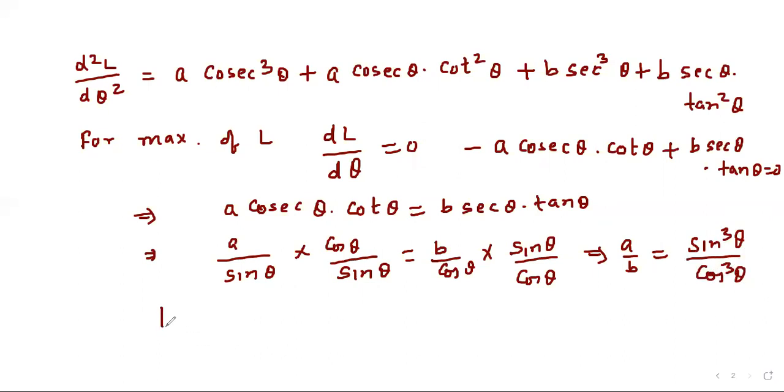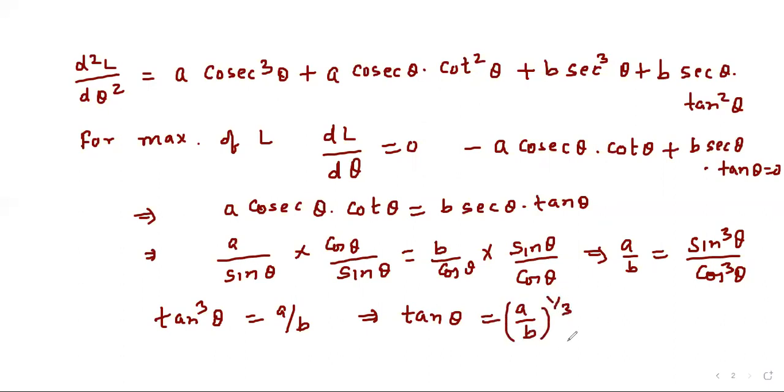That is tan cube theta equal to a upon b, or tan theta will be equal to a upon b both power 1 by 3, or a power 1 by 3 divided by b power 1 by 3.